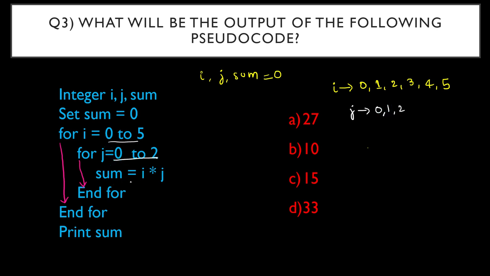You are going to say sum is equal to I into j, for each of these values.